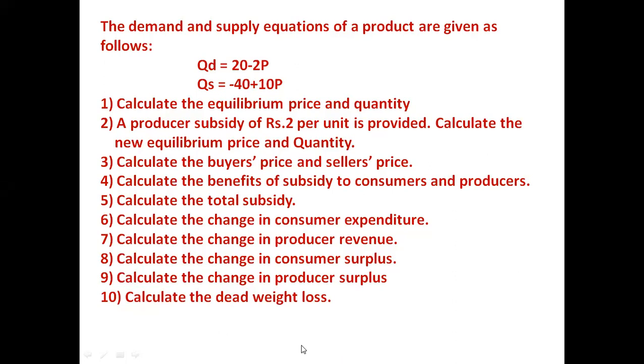Calculate the new equilibrium price and quantity, buyer's price and seller's price, benefits of subsidy to the consumers and producers, total subsidy, change in consumer expenditure, change in producer revenue, change in consumer surplus, change in producer surplus, and deadweight loss. So students, understand carefully.